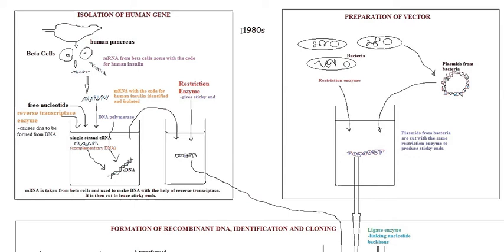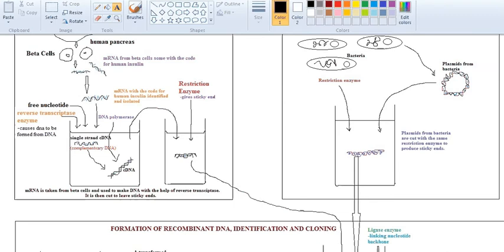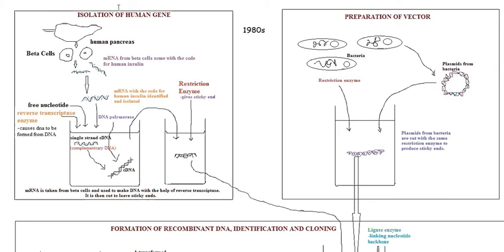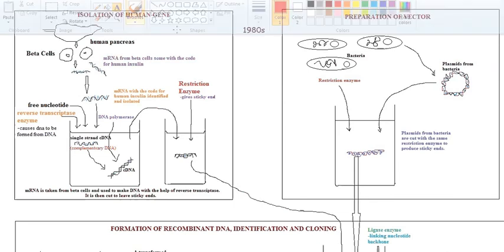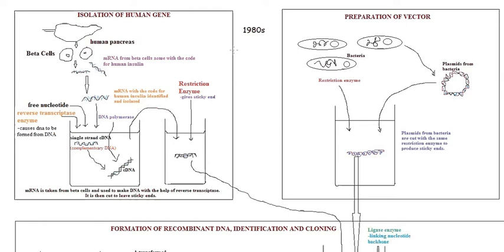And sometimes that insulin used to cause side effects, so it was even harmful sometimes. That was the reason there was a great need to find a method to produce insulin by some other method.